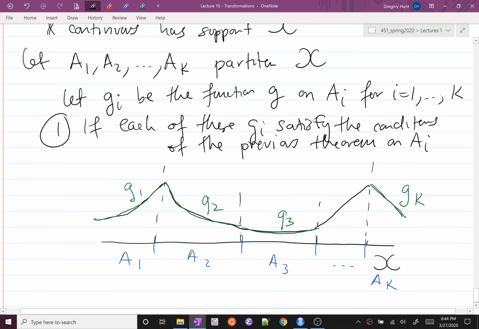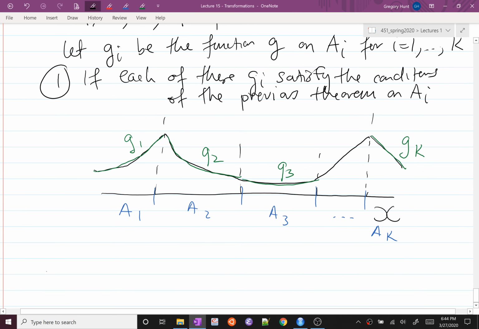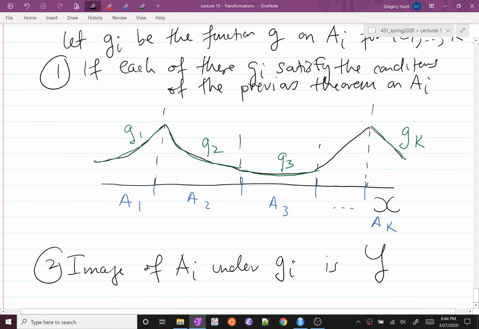So that's condition 1. And condition 2, if the image of a sub i under g sub i is the support of Y, which we'll say is just some capital Y.